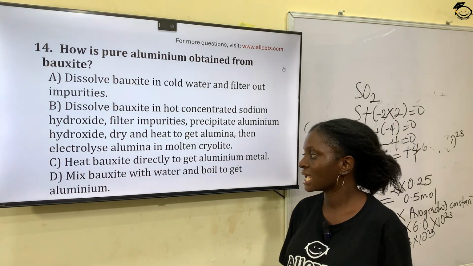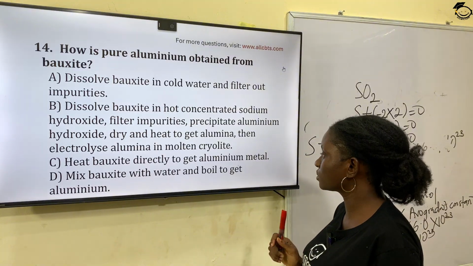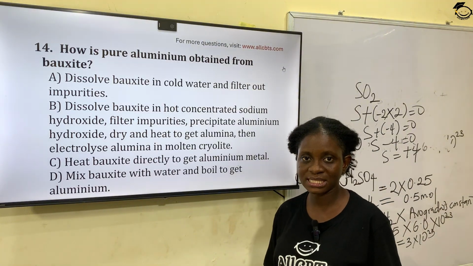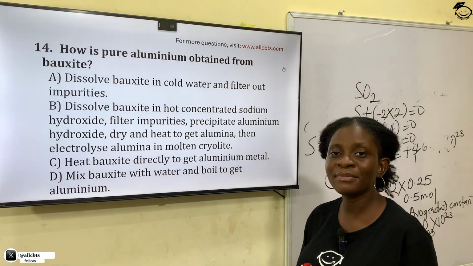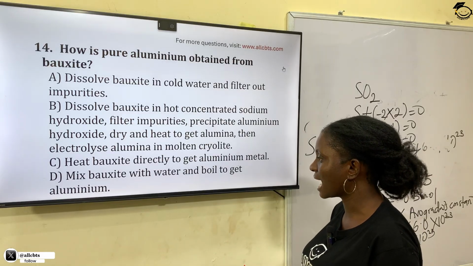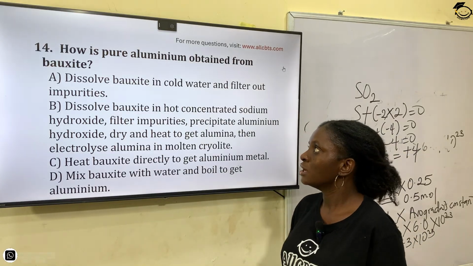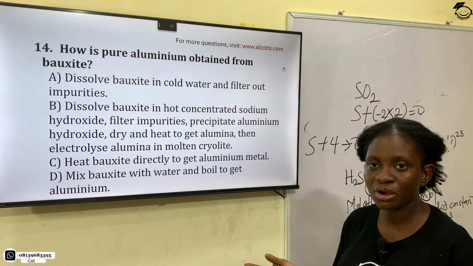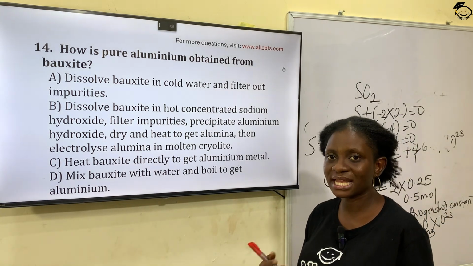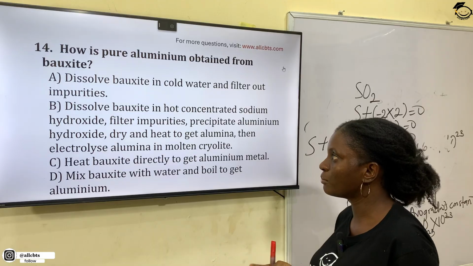Option C. Heat bauxite directly to get aluminium metal. Option D. Mix bauxite with water and boil to get alumina. So the question is asking how can we get pure aluminium from bauxite?